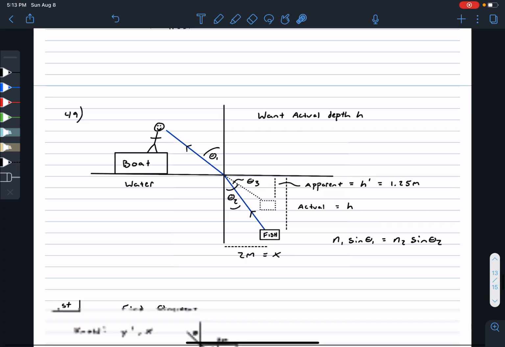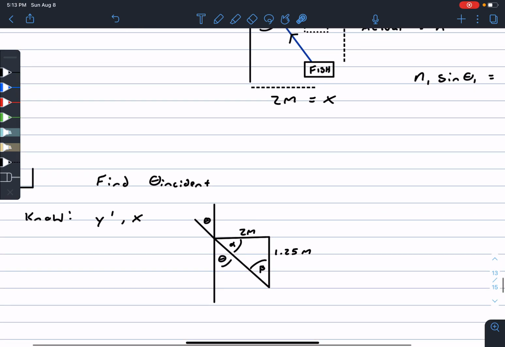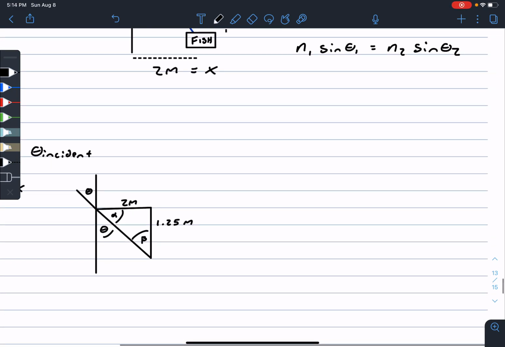Okay, so we can do that by setting up some trigonometry, right? So we know that this distance is 2 meters. We know that this depth is 1.25 meters. We want to find these angles. So then we use our trig formula: tan theta equals y over x.